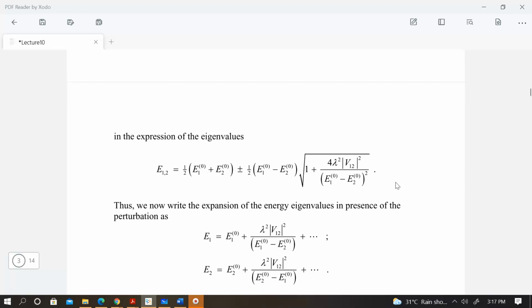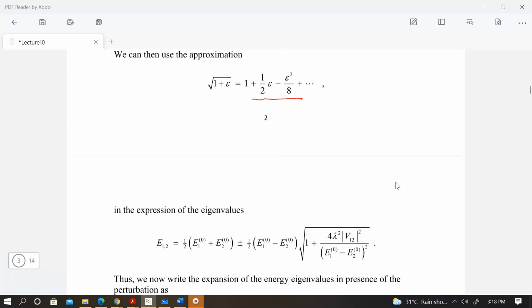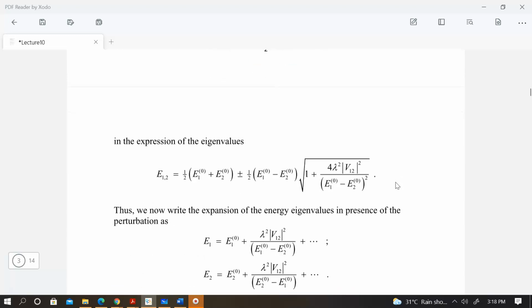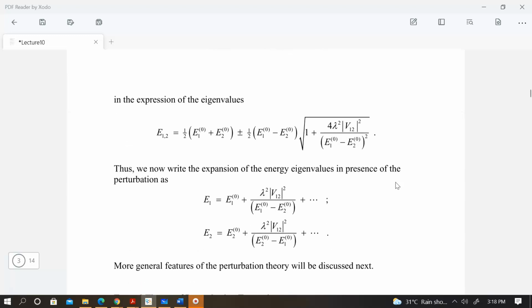Now you have this perturbing factor over here. So I can start using the approximation we had earlier, and for a first order treatment, your E1 will be just related to E1 naught by this perturbing term, and similarly E2 will be given by this perturbing term.